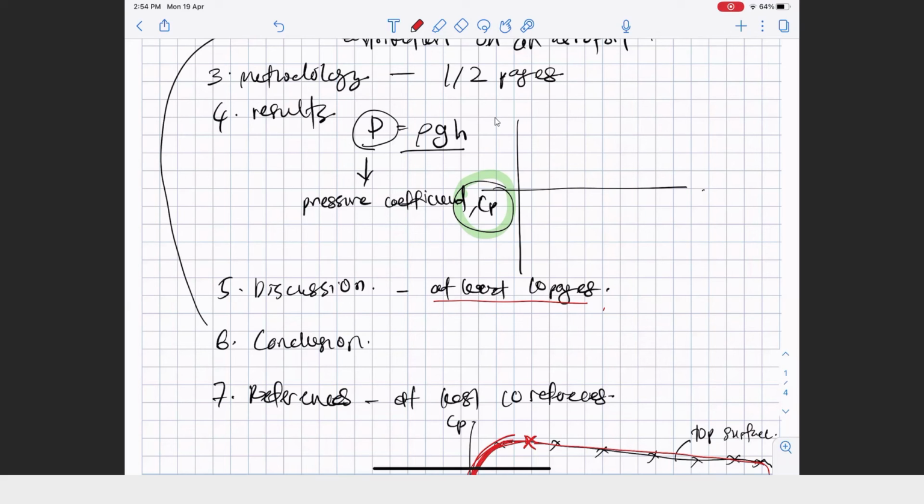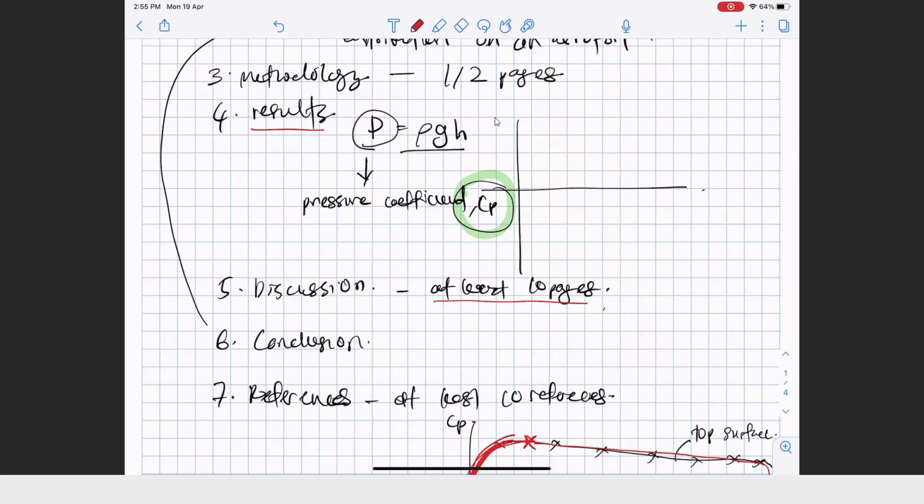In any report, whether it's solid or fluid, at least one sample calculation. Put it in the result section. Okay, sir. So the calculation of getting the pressure from the manometer, and then the calculation of the CP, the pressure coefficient.